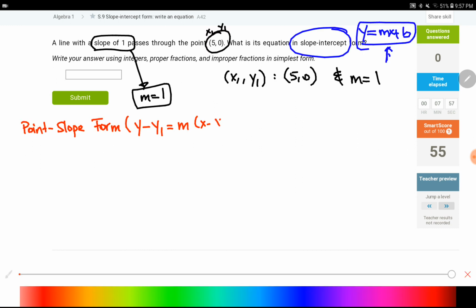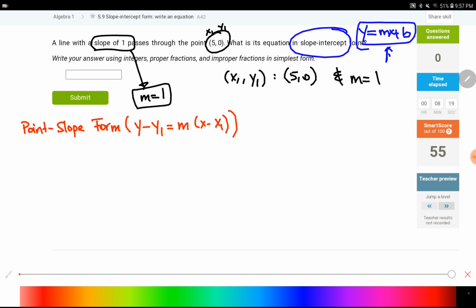Let's just fix this, x1. Okay. So you will need this form. I'm going to plug the numbers that I have in the red equation, and then I will try to get the y by itself to end up with that blue equation on the upper right corner of the screen. So let's get started.